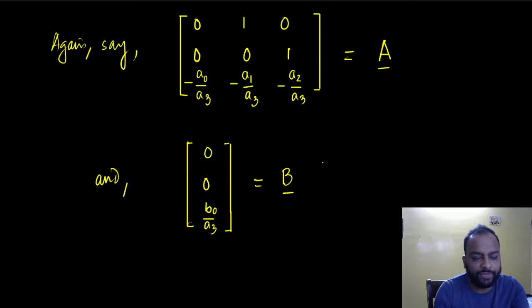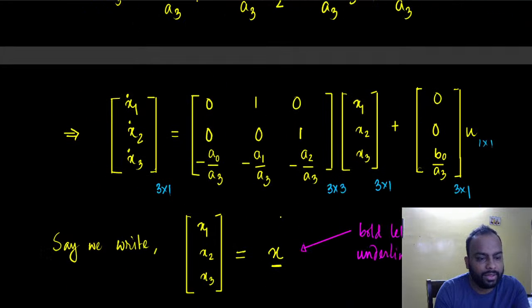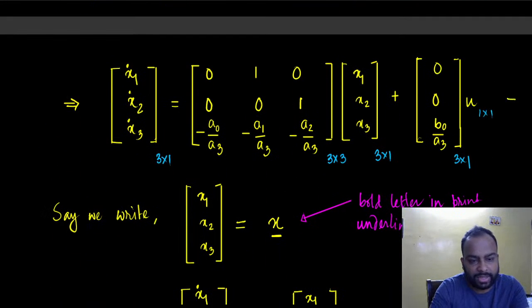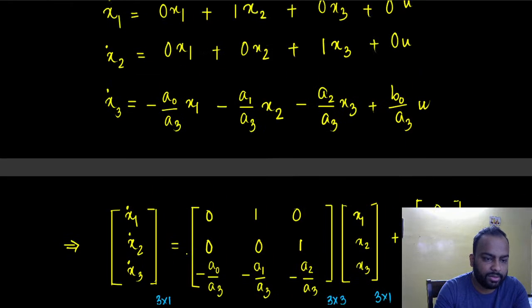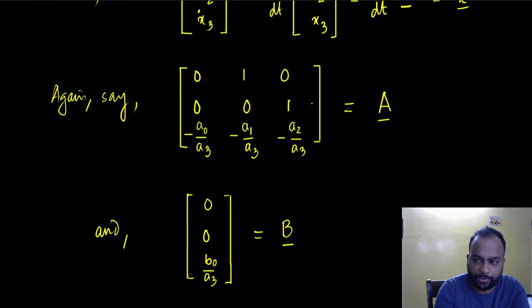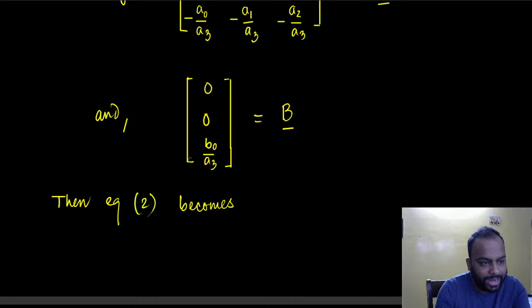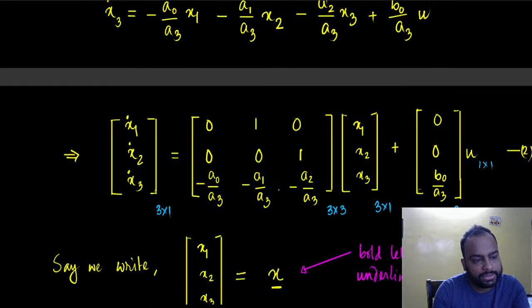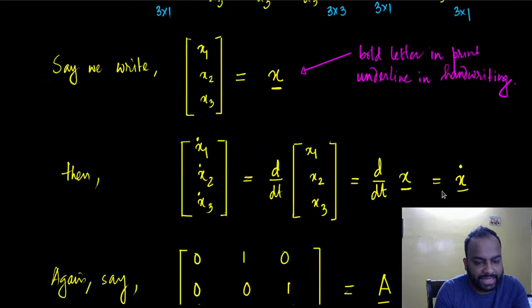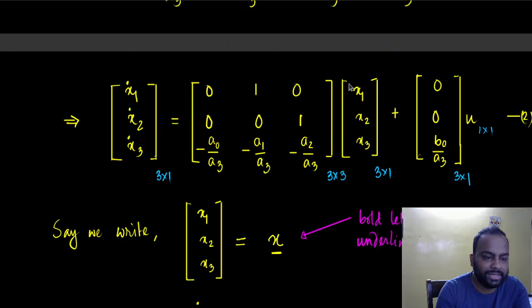If we give it these names, then what happens to this equation? This is my equation number 2, which is in the matrix form. What happens to equation 2? What is this derivative part? That is x dot in the matrix form. What is this matrix? That's A. Times x, plus what is this matrix?